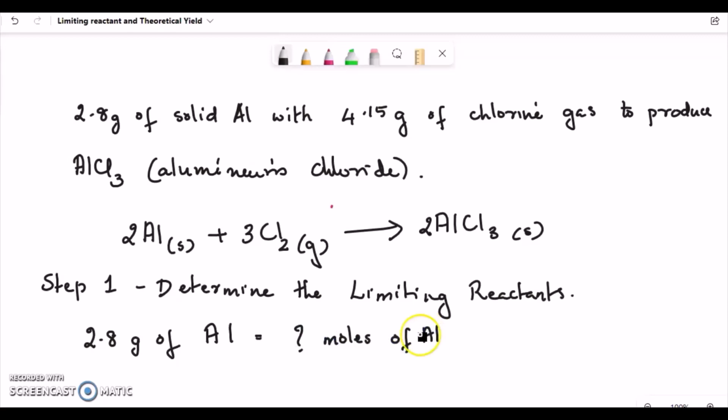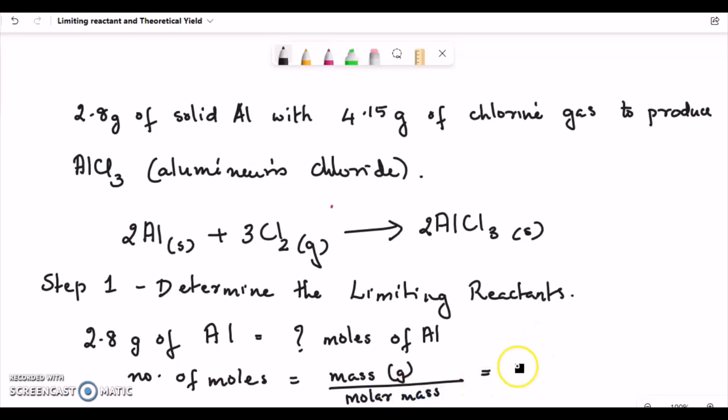For that, we will make use of the atomic mass of aluminium and the equation: number of moles is equal to mass in grams divided by molar mass.